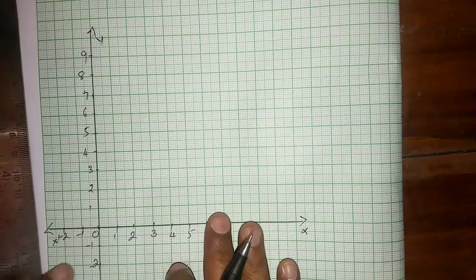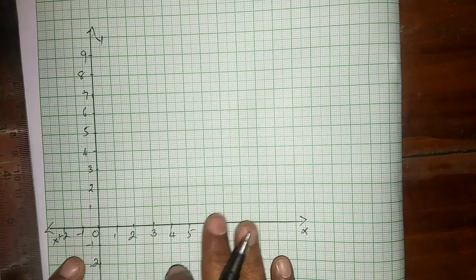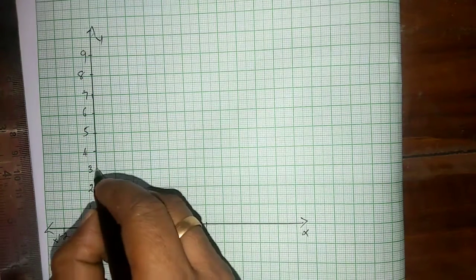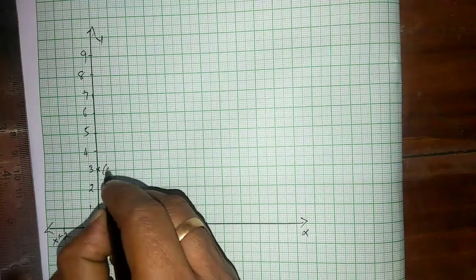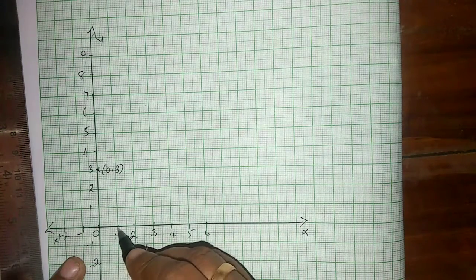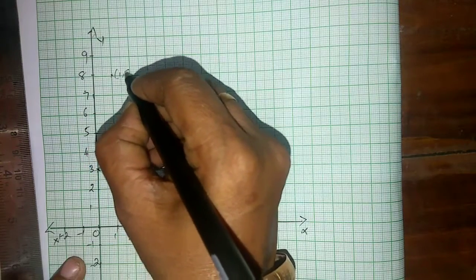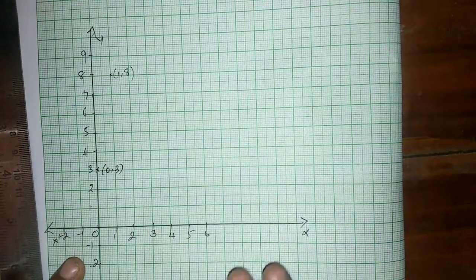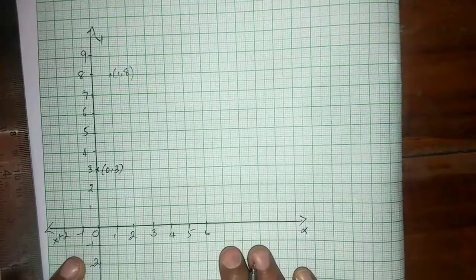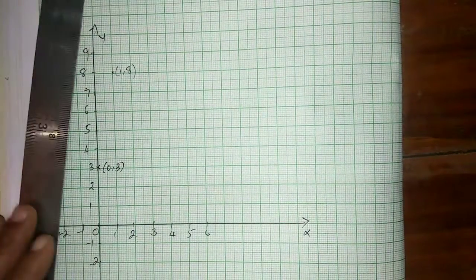Now plot the points. Which are the points we found? First point 0, 3. This is the point 0, 3. And the second point we found is 1, 8. See here it is 1, 8. When we substitute x equal to 2 it will give very big values, so we take only 2 points and draw the graph.